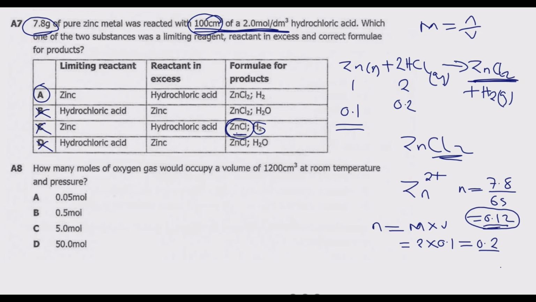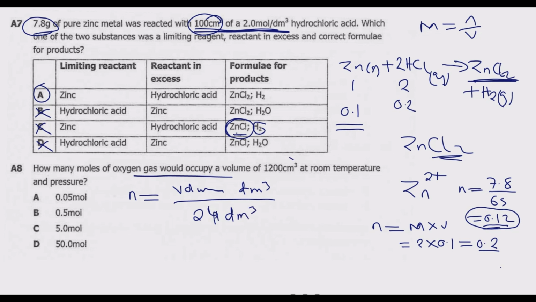We move to question 8. How many moles of oxygen gas would occupy a volume of 1200 centimeter cubed at room temperature and pressure? What we know is that the number of moles occupied by a gas at room temperature is given by the volume in decimeter cubed, divided by 24 decimeter cubed, which is the volume occupied by a gas at room temperature.